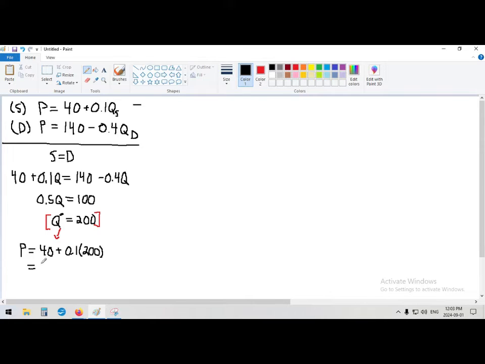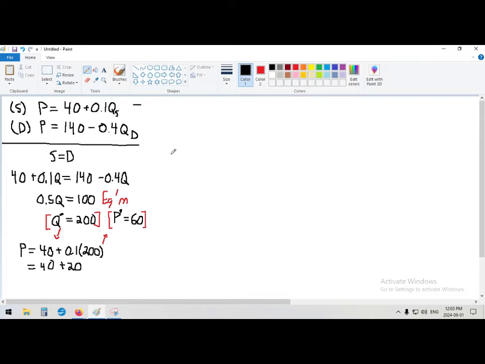So we get 40 plus 10% of 200, which is 20. So we have a market price P star of 40 plus 20, that's going to be 60. So there's our competitive equilibrium, and now we can use that to figure out our elasticity.